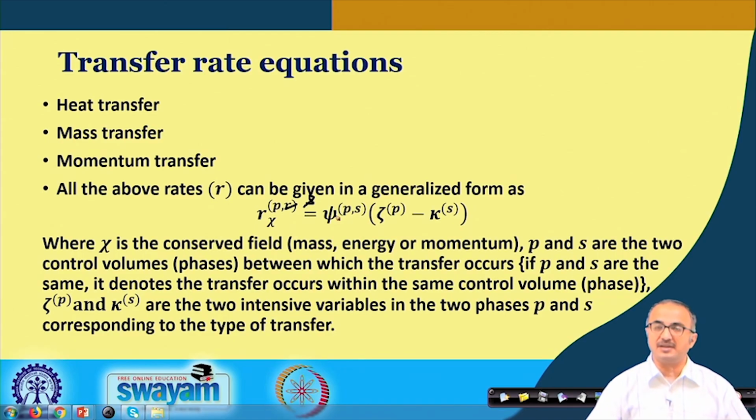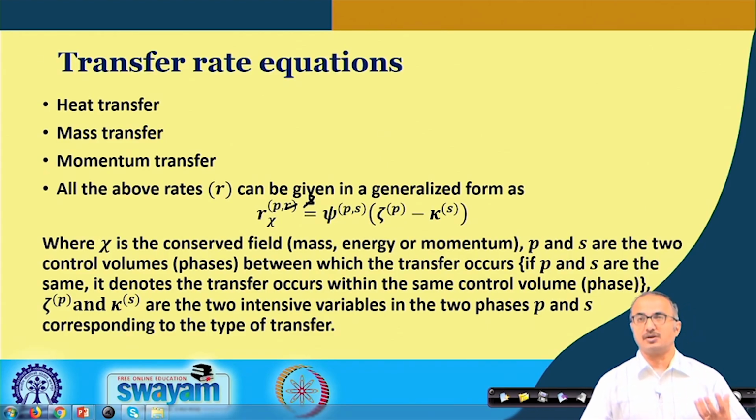This is a generalized form of the rate of these three things, and here again we have some kind of driving force, which denotes intensive variables in the two phases P and S. This particular zeta is some conserved field that can be mass, energy, or momentum, and this psi is a coefficient which we call the proportionality constant.